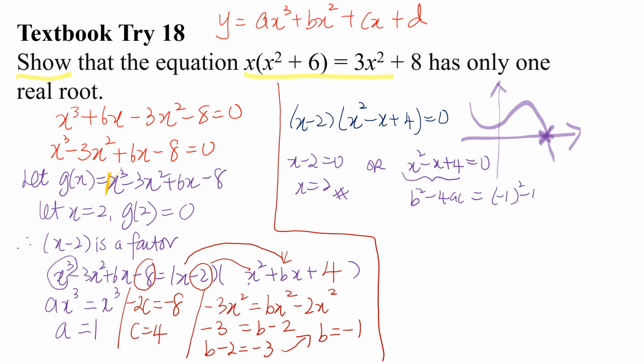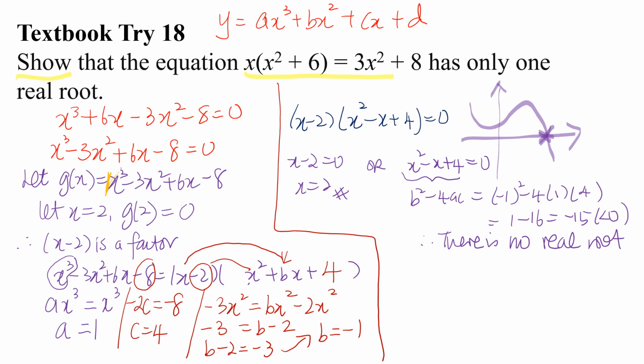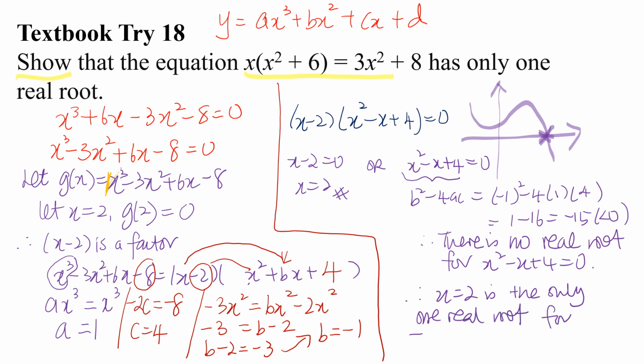As long as we can show that it is a negative value, then there is no real root for x squared minus x plus 4 equals 0. Therefore x equals 2 is the only real root for the equation.